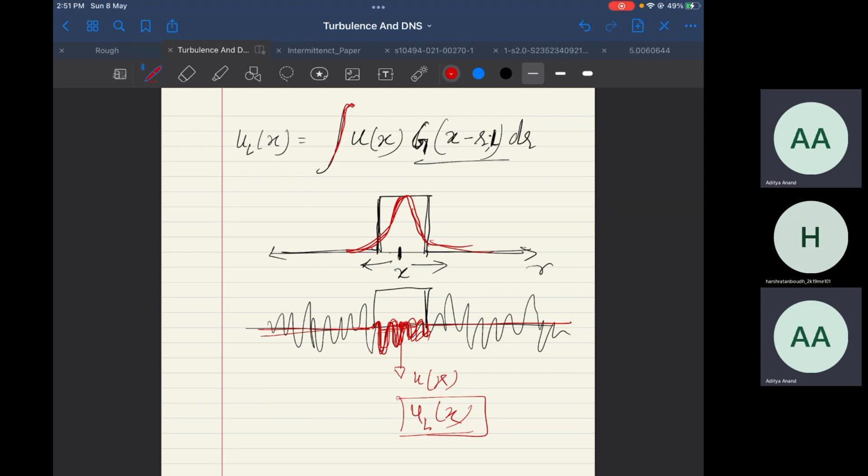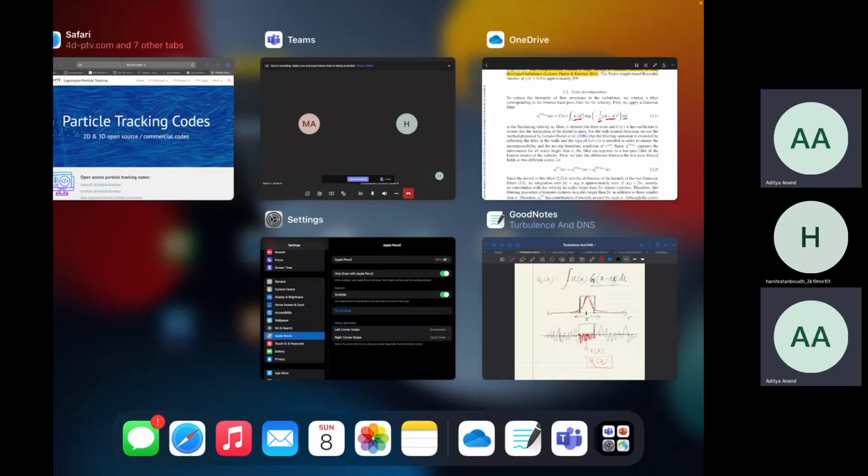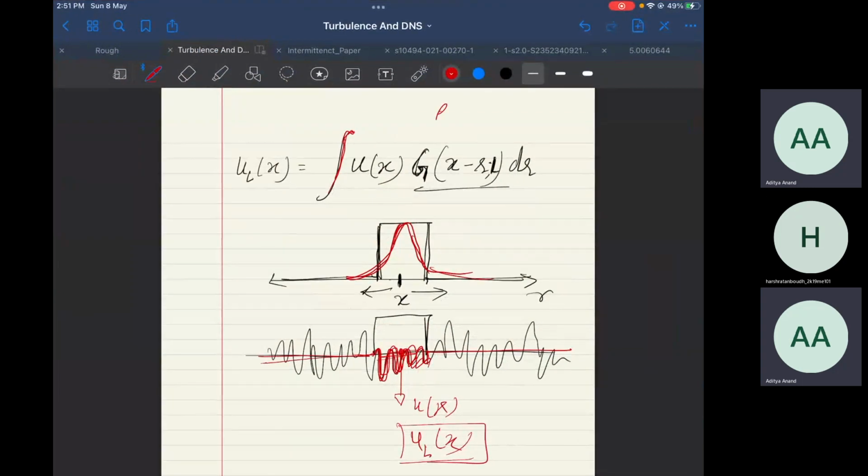Okay, and if you remember, the Gaussian pulse had a scale sigma. So this sigma is there, right? So what would happen if we use a smaller value of sigma? So you have e to the power, let's say x square, and you have e to the power minus 2x square. How would they be shaped?